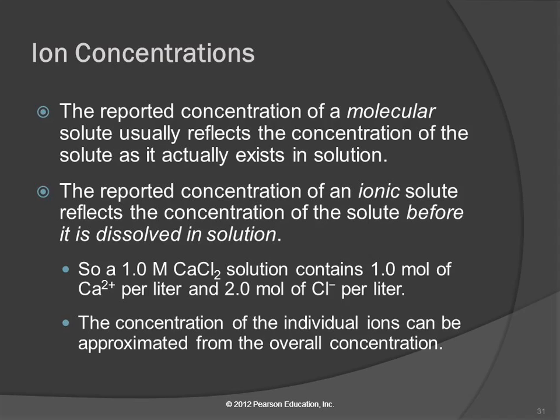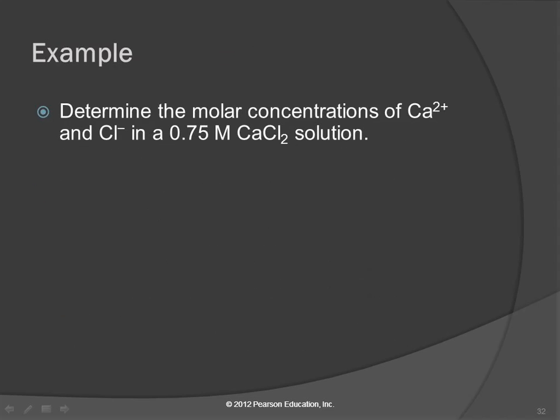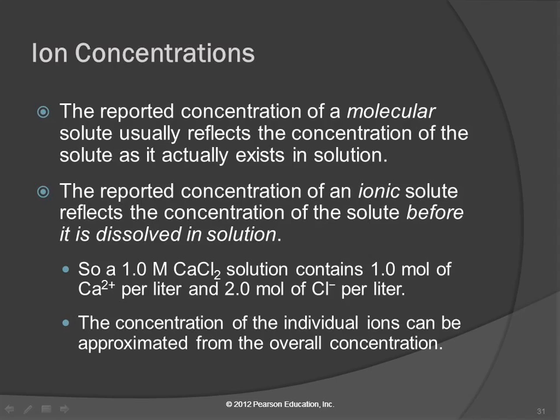So when we do something like sucrose, which is a molecule, we report the concentration. The concentration is actually that many moles of molecules per liter of solution. When we have an ionic solute, the molar concentration reflects the concentration of the solute before it's dissolved. So a 1 molar calcium chloride solution has 1 mole of calcium chloride.